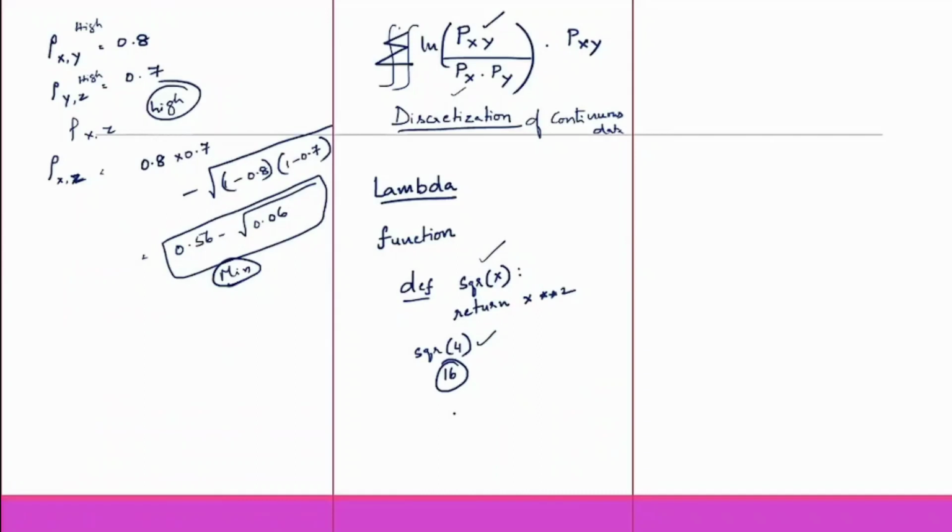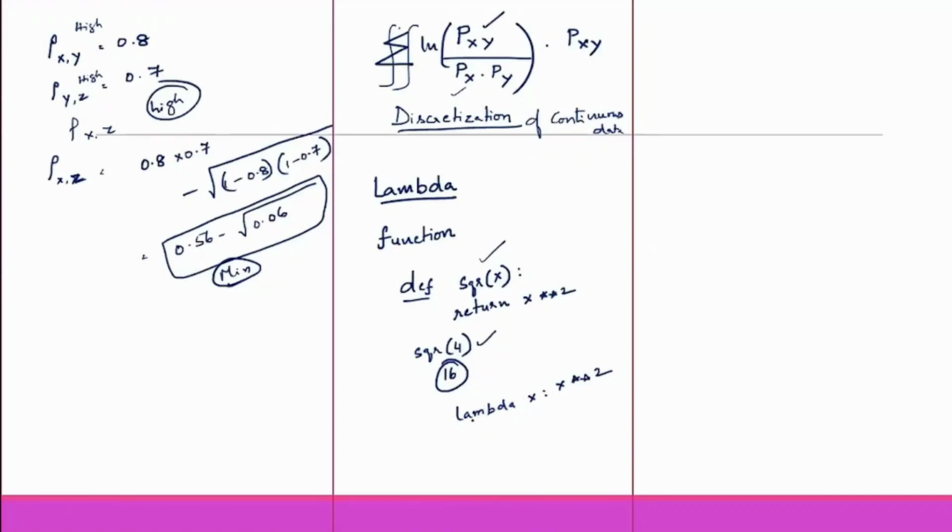Whereas in lambda, you can simply say, without defining the function, dynamically, lambda x colon x square. So whatever is your value of x, the x squared will be computed.